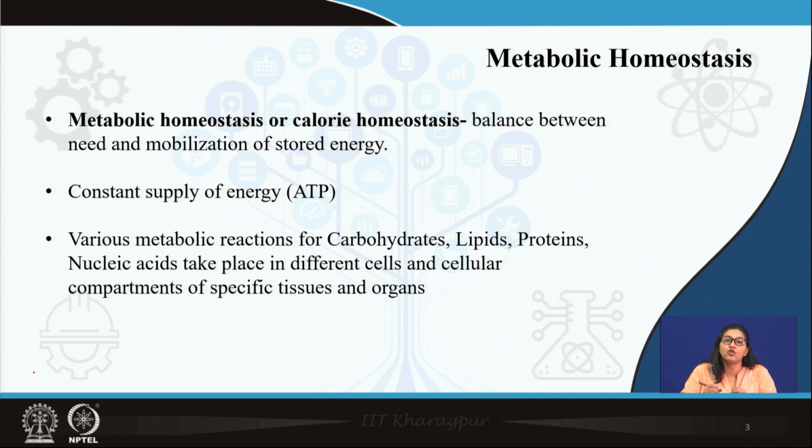So metabolic homeostasis or calorie homeostasis talks about the balance between need and mobilization of stored energy. Now as I have told you, the different metabolic reactions for all the biomolecules like carbohydrate, lipid, protein, nucleic acids, they take place in different cells and cellular compartments of specific tissues and organs.